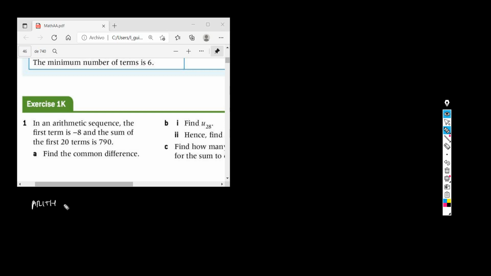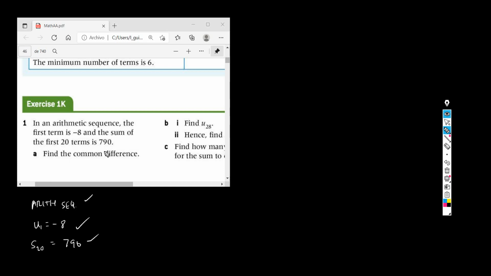We're talking about an arithmetic sequence, right? So we know that the first term is -8. I'm gonna write that down. And the sum of the first 20 terms is 790. So S sub 20 is 790. Okay, so I know all of these things.